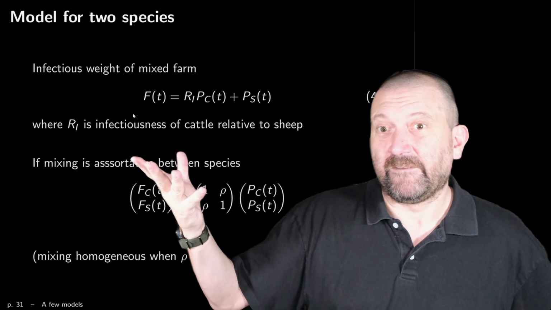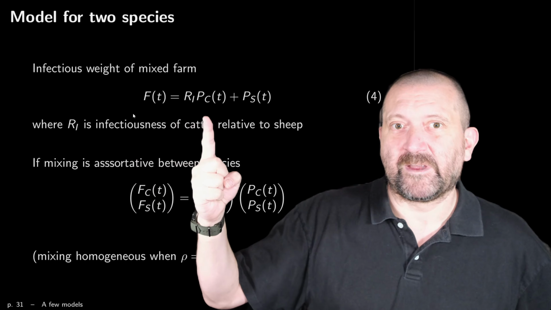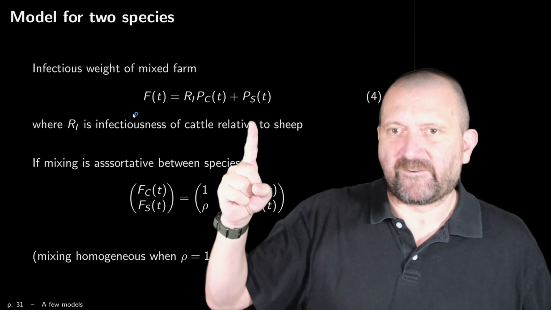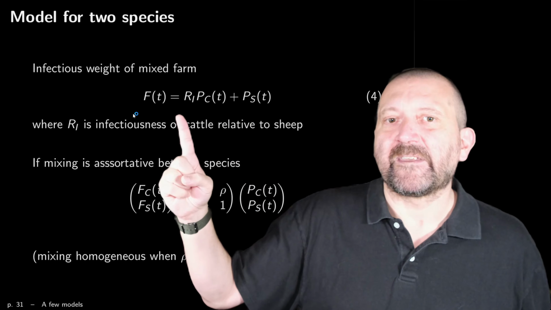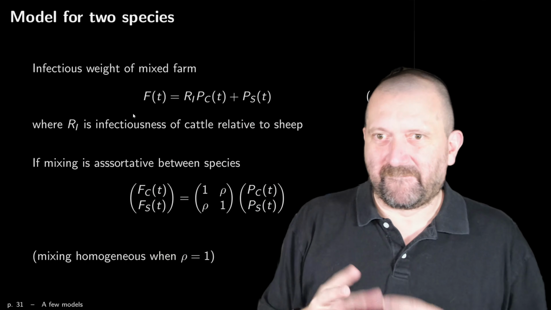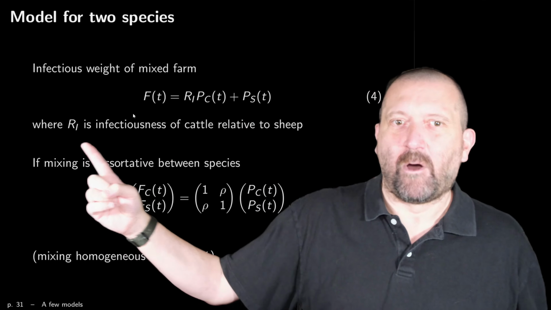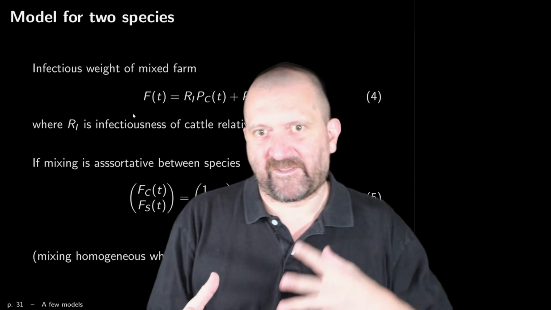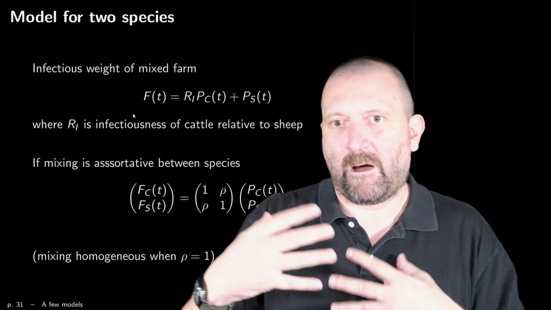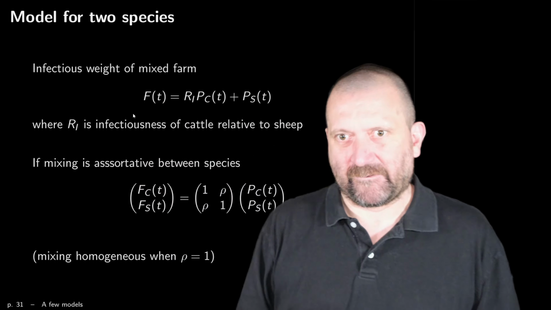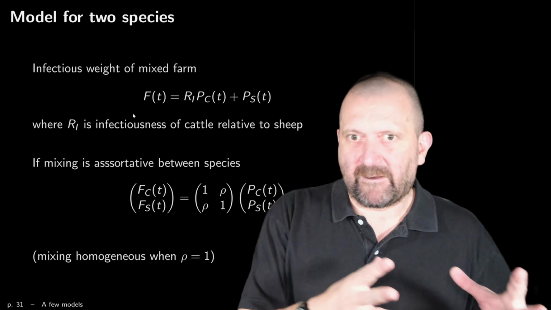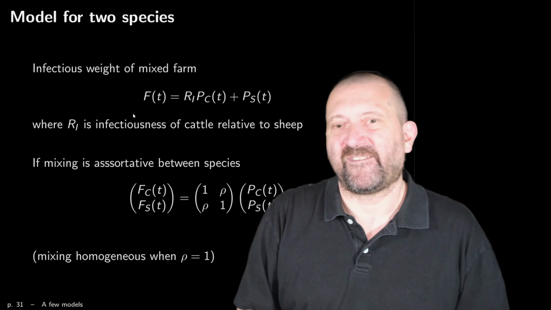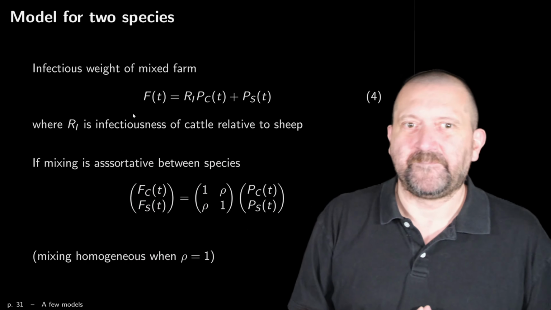It's the p of t that we had before, but here you're taking the p for cattle and the p for sheep, and then weighting the infectiousness of cattle relative to sheep. Okay, this is an adaptation factor that says how much more or how much less infectious cattle are relative to sheep. And that gives you the infectiousness of the farm at that time.